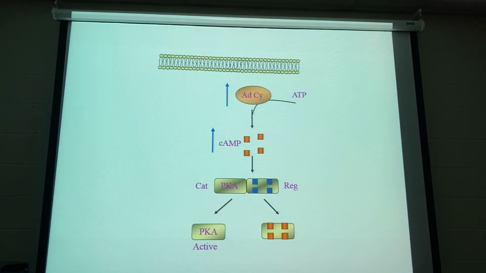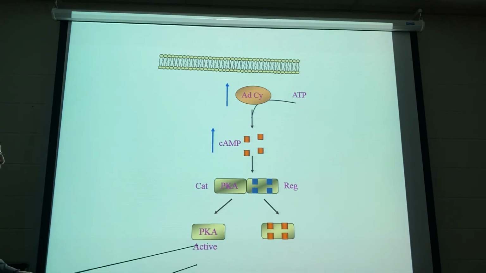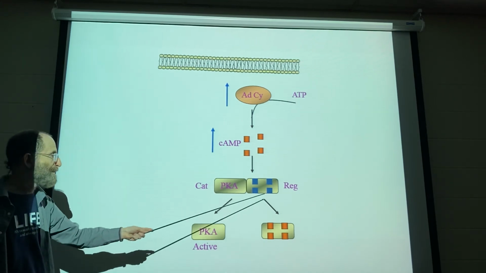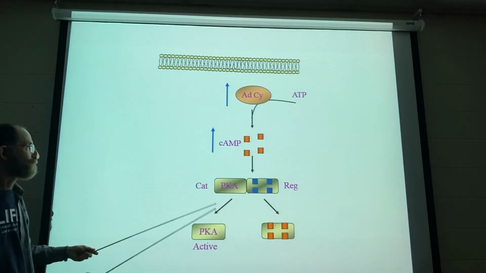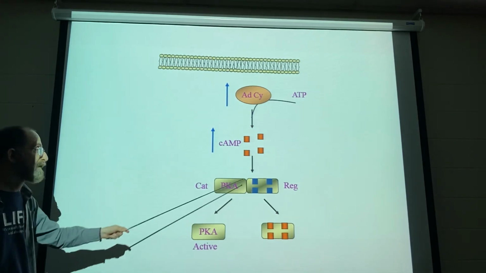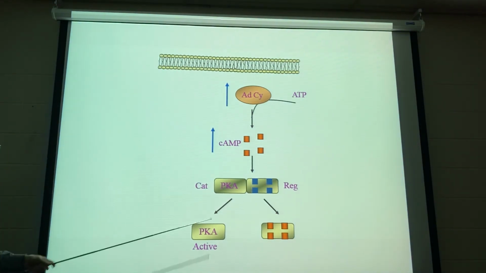All right, so we just finished talking about the cyclic AMP dependent protein kinase A pathway. Both Saccharomyces and Ustilago have this pathway. Both have a regulatory subunit that blocks the catalytic subunit, and cyclic AMP is responsible for pulling off the regulatory subunit so the catalytic subunit becomes active.